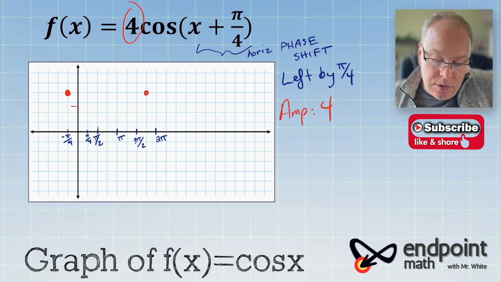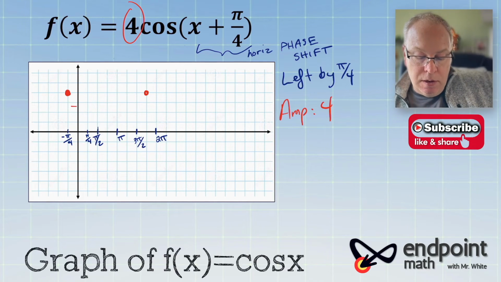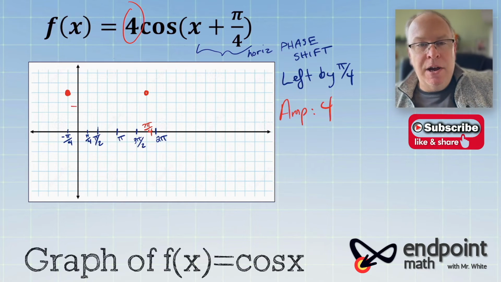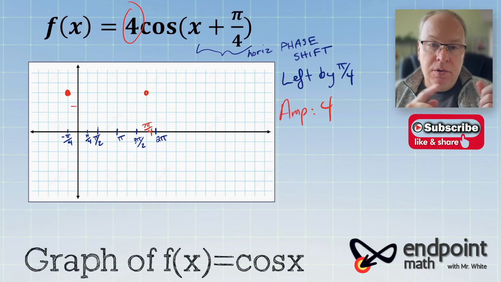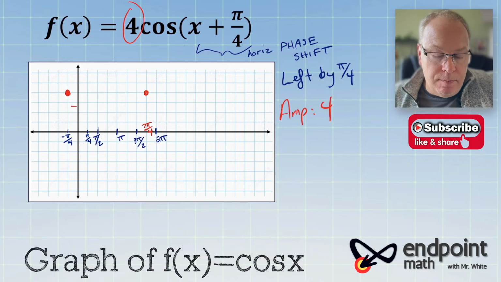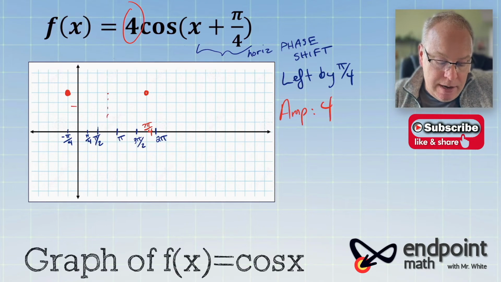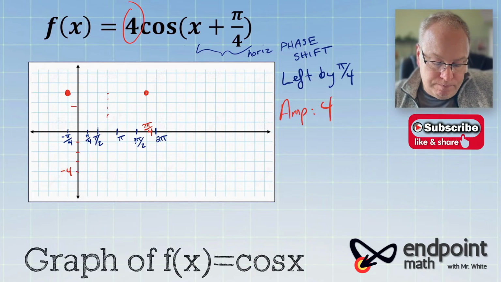So that ends up being 7 pi over 4, because 8 pi over 4 is the same as 2, so 1 less would be 7 pi over 4. All right, then in the middle of all of that, which would be right here, is when it goes all the way to negative 4.